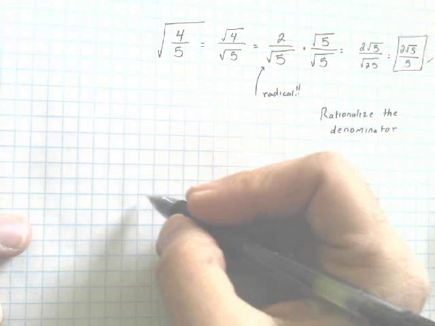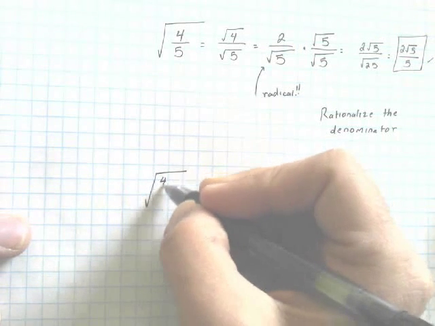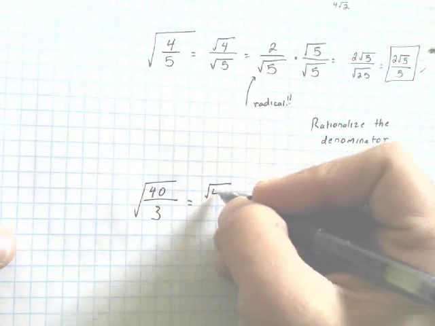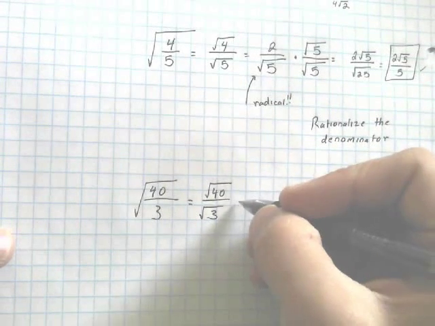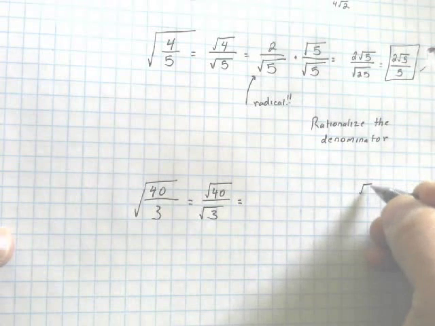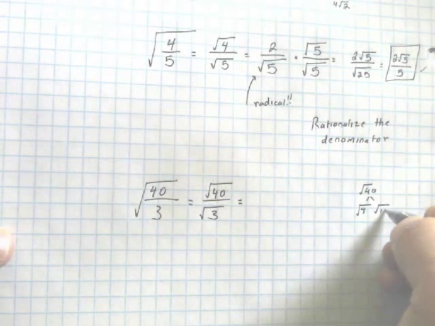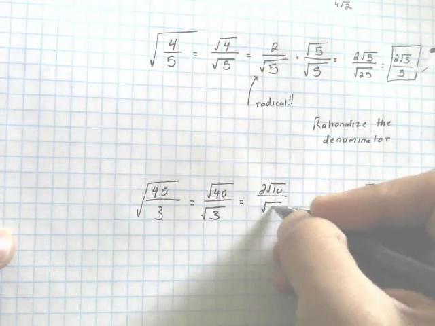So let's just try that process again. We do the square root of 40 over 3. So that's equal to the square root of 40 over the square root of 3. I'm going to take that a step further, and I'm going to say that's equal to, if I take square root of 40 over here, that's 2 radical 10 over radical 3.